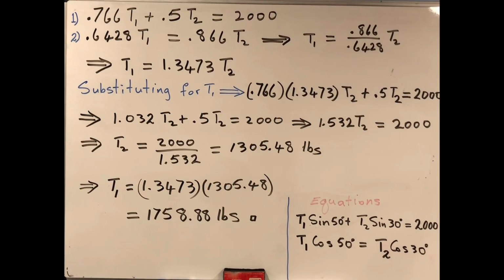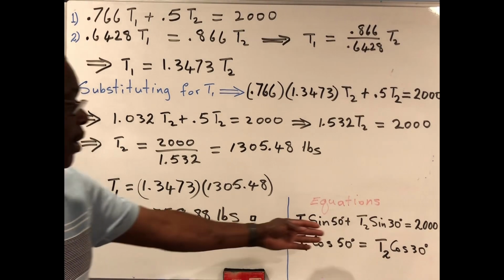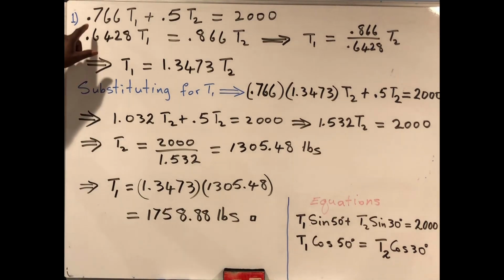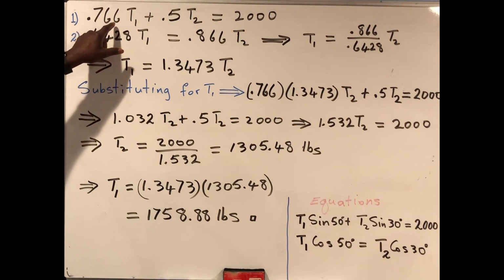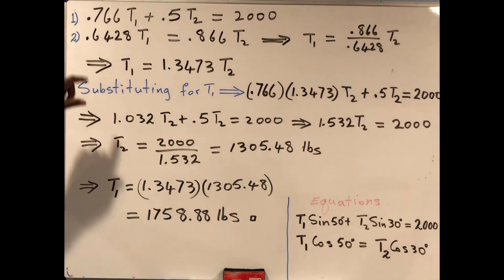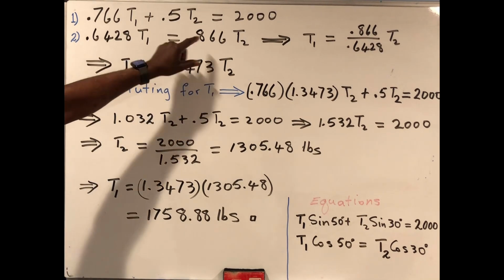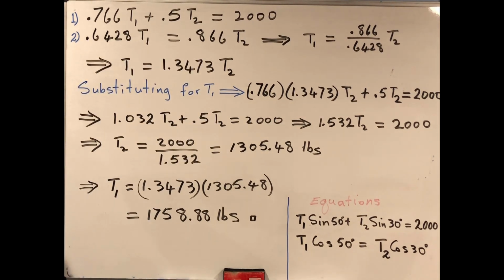Now, finding the trigonometric values and substituting them back into these equations, we obtain 0.766 T1 plus 0.5 T2 equal to 2,000, and 0.6428 times T1 is equal to 0.866 T2.